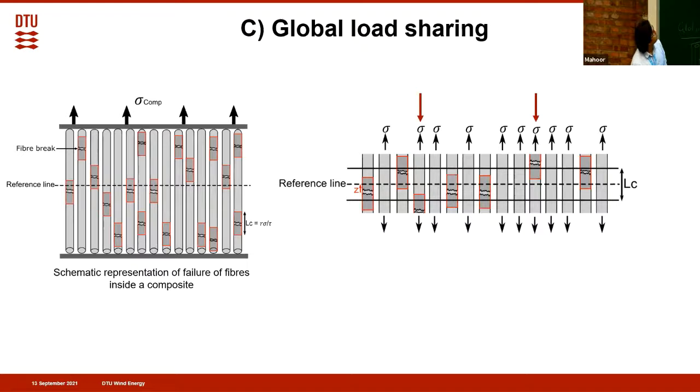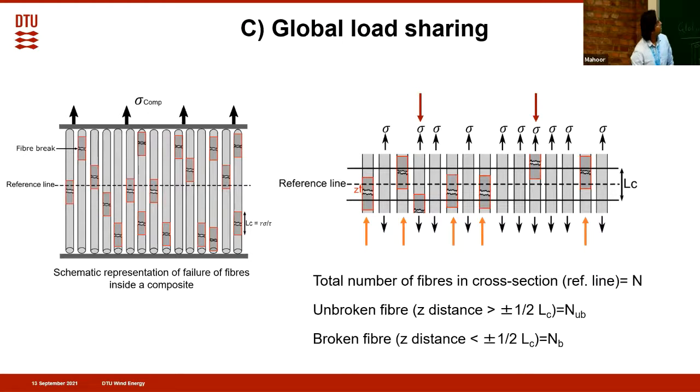So these are the two kinds of fibers with breaks: those that take up the full load, and those with a break within plus or minus LC that take stress as a function of Z. If the total number of fibers in the cross section is N, then the unbroken fibers, with distance Z greater than plus or minus LC, number N unbroken, and broken fibers can be represented like this.